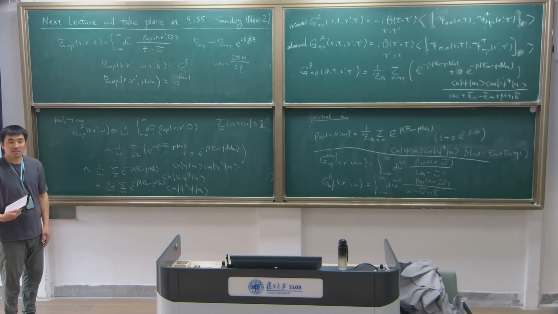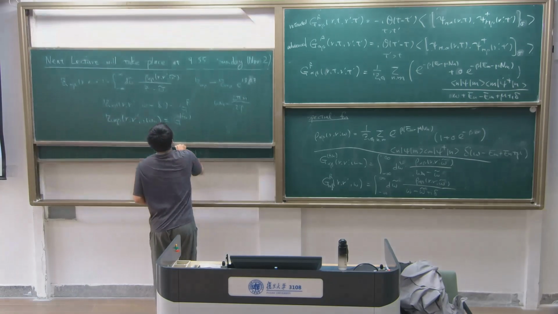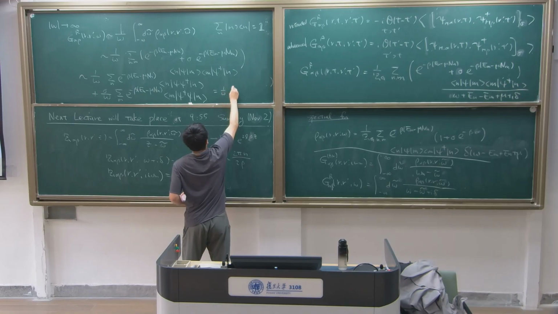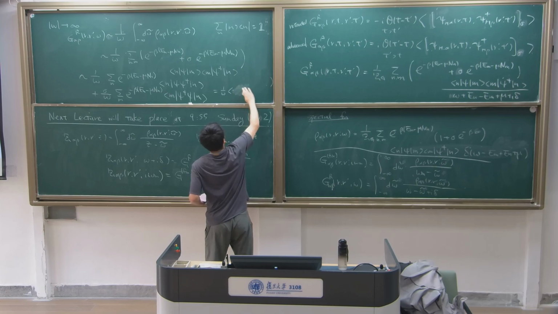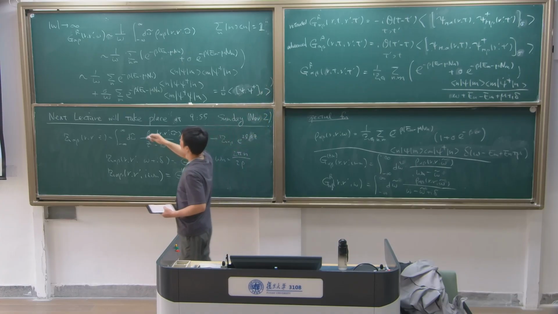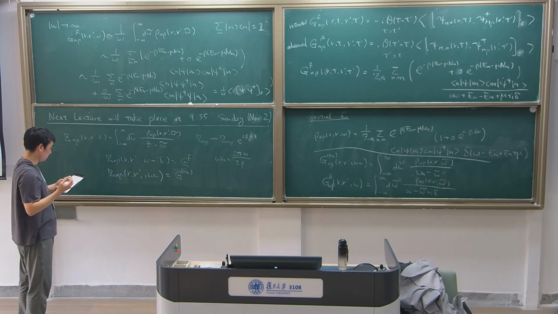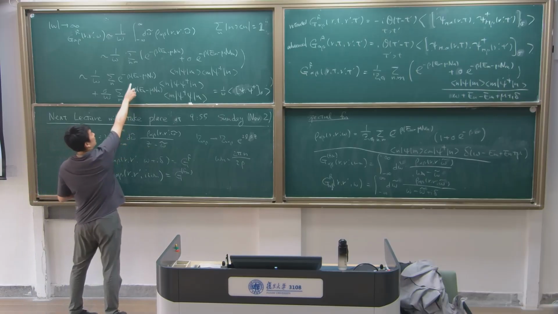And then, what do you notice about this one? So this is just 1 over omega times the psi average, like this one. This is the Boltzmann weight, right?